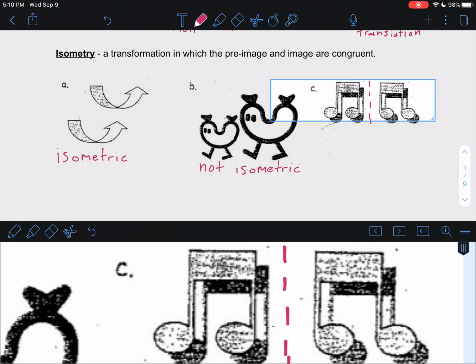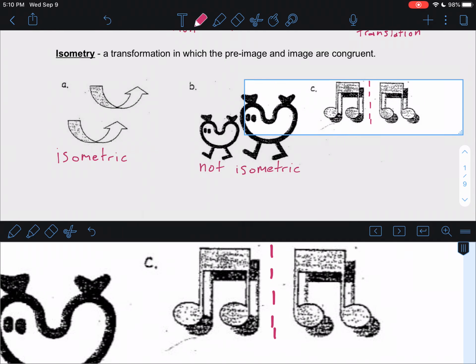So I was going to say that even though the music note itself has been reflected, if you look at the shadows, you can see this shadow is sticking out on the right side, and this one is sticking out on the right side, meaning that it doesn't really make sense.